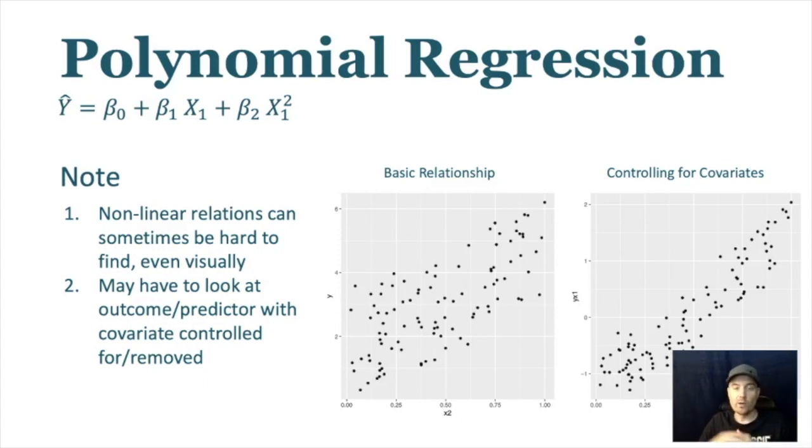So we don't want to overuse polynomial regression because it has a tendency to find situations that really aren't quadratic or a polynomial in any way. So you don't want to overtest. You always want it to be based on your research questions or theory or visualizations of the data.